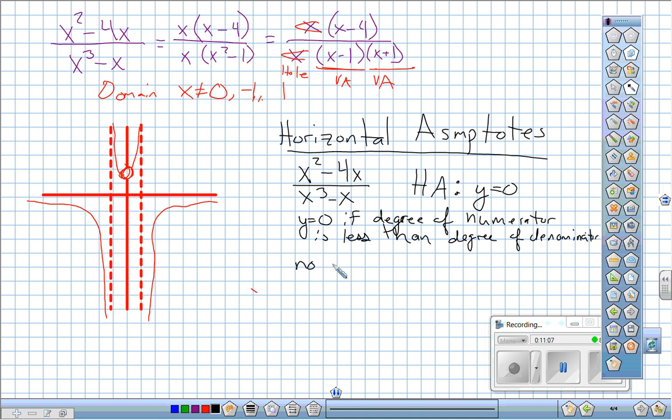There will be no horizontal asymptote if the degree of the numerator is greater than the degree of the denominator.